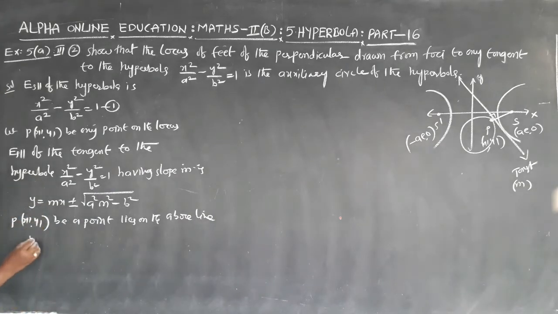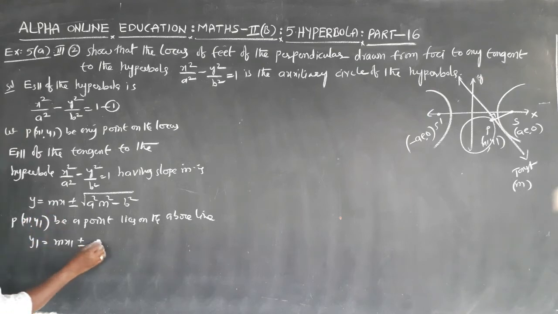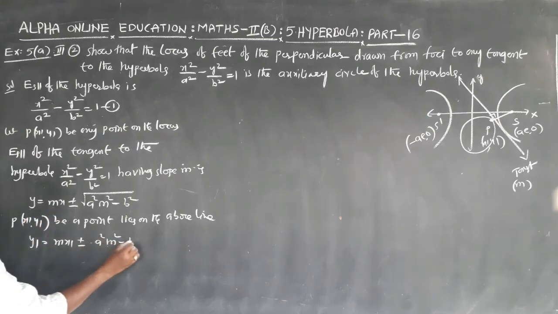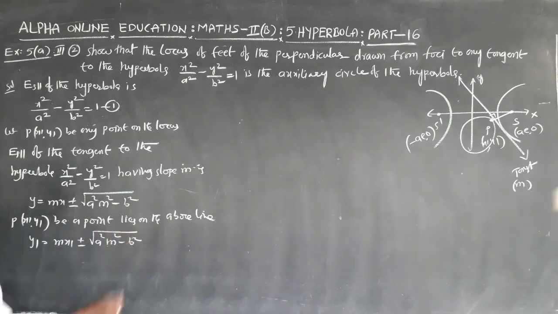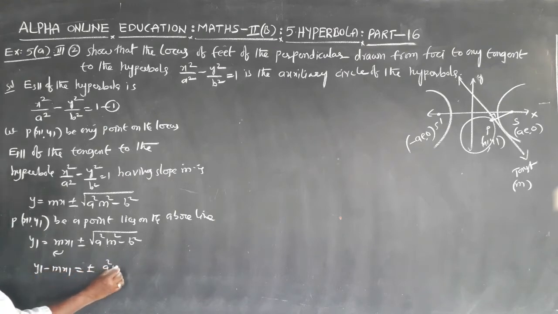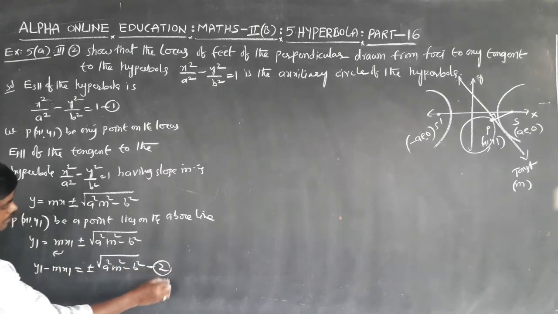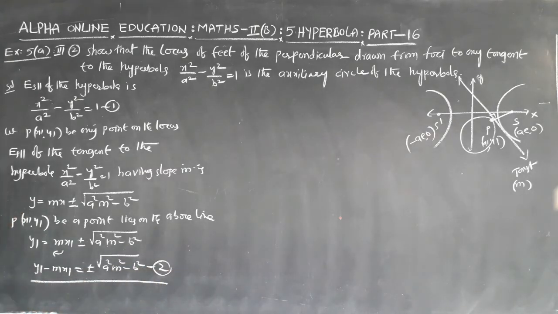Substitute x equal to x1, y equal to y1: y1 is equal to mx1 plus or minus under root of a square m square minus b square. Taking mx1 to the left side, y1 minus mx1 equal to plus or minus under root of a square m square minus b square. This is the equation of the tangent.